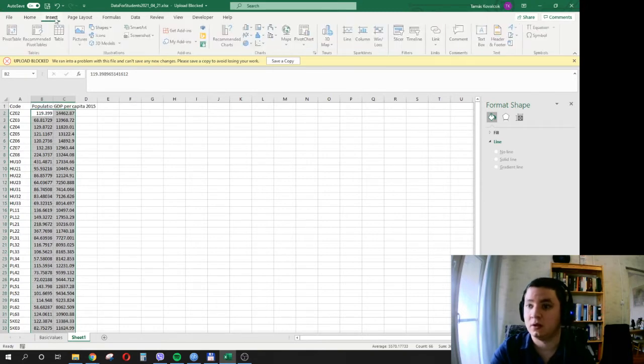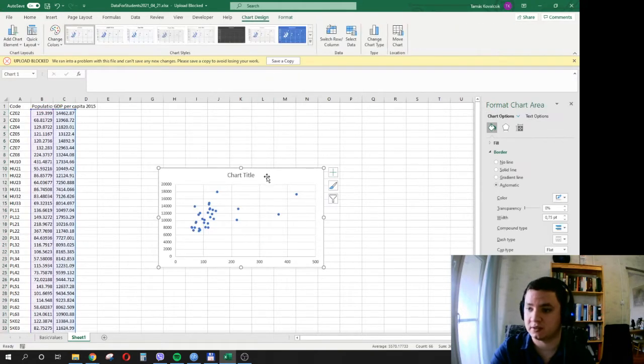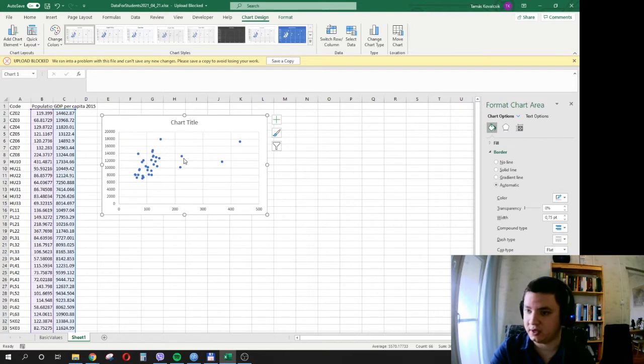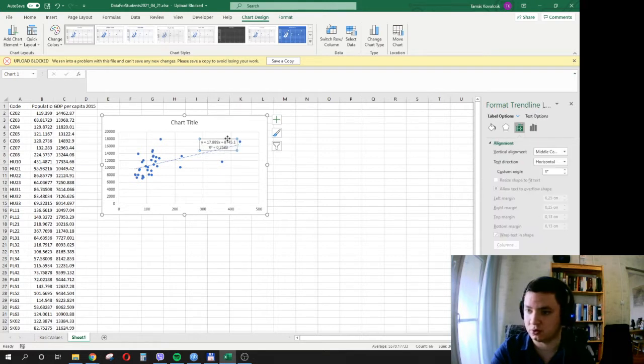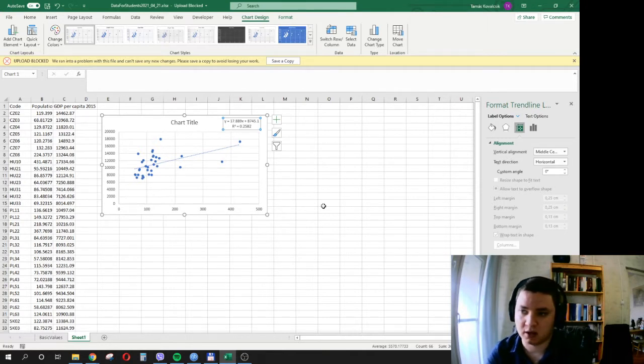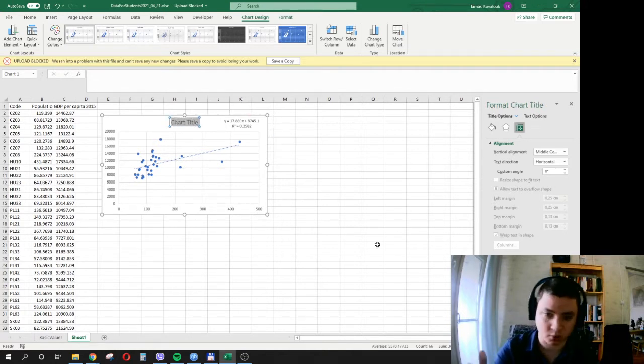Okay, and insert chart, scatter, dot, and we can add a linear trend line and display equation on chart. There is a low and weak relationship between the population density and GDP per capita. R square is 0.2.